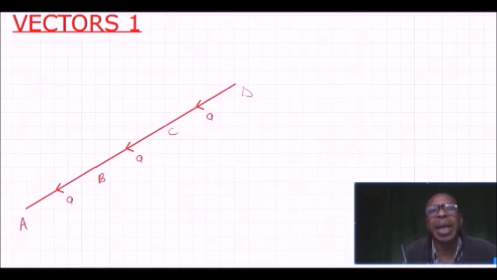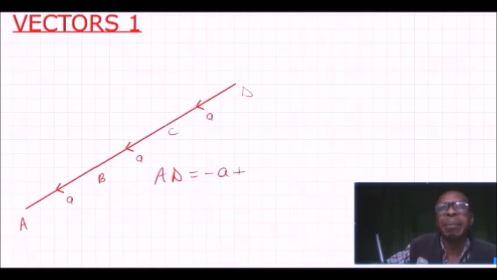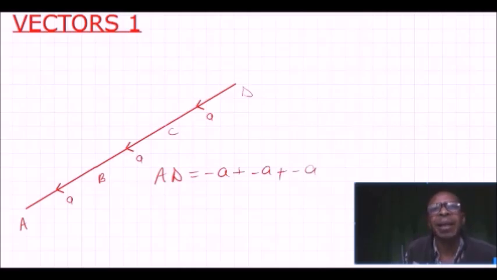So now if we describe our AD, it is equal to minus A, because we are moving from this direction, A to D. Then we say it is minus A plus minus A plus minus A, which is equal to minus 3A.